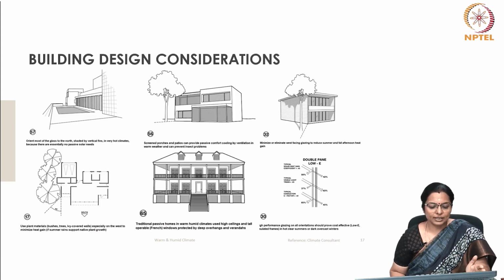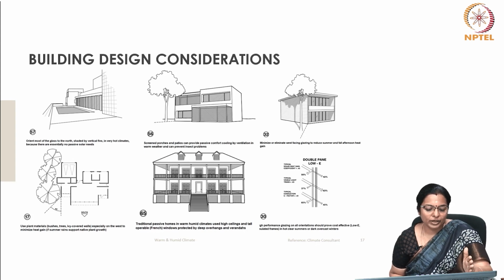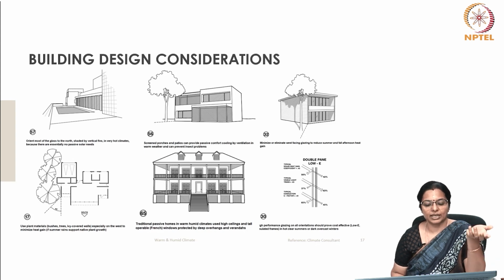Very broadly, the design consideration should be that the orientation of glass should be on the north. It should be shaded by vertical fins in very hot climate because there are essentially no passive solar needs except to generate electricity. So there is no need for trombe wall and such.